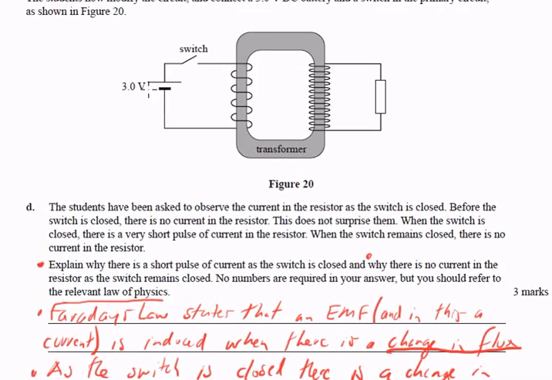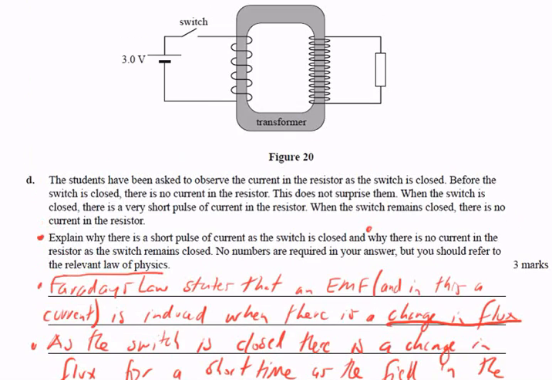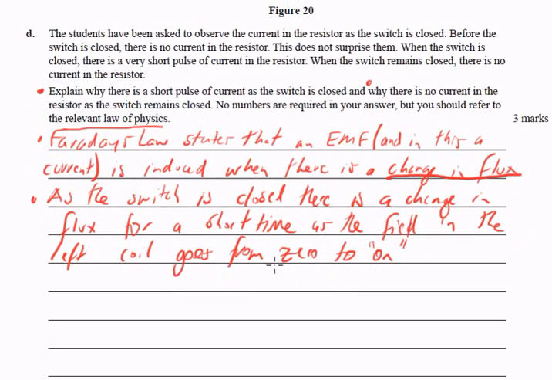Okay, so switch is open, no field, close the switch, it powers up, in a very short pulse, to the full field that it's going to make as the current flows through, and it makes a field in that solenoid. As the current goes from 0 to on, so there we go, the switch is closed, there's a change in flux for a short time as the field from the left coil goes from 0 to on.